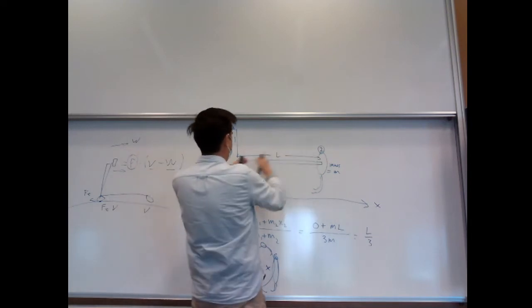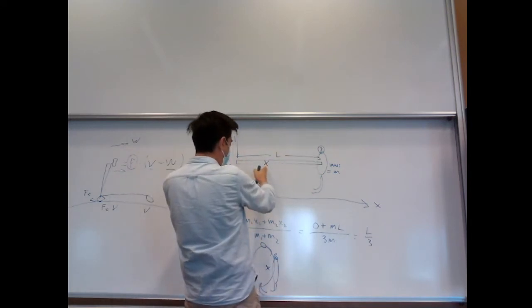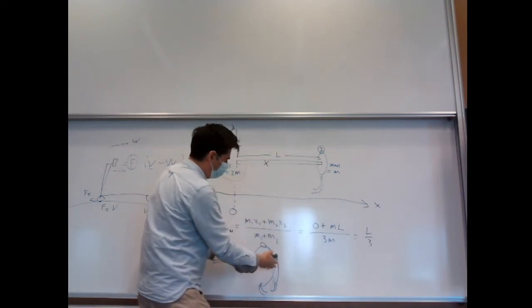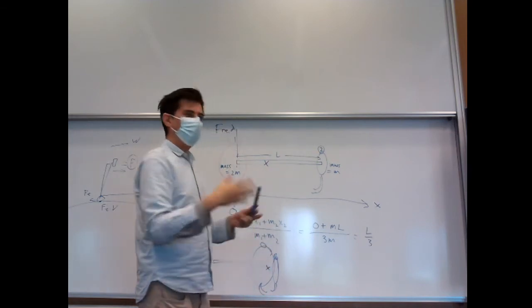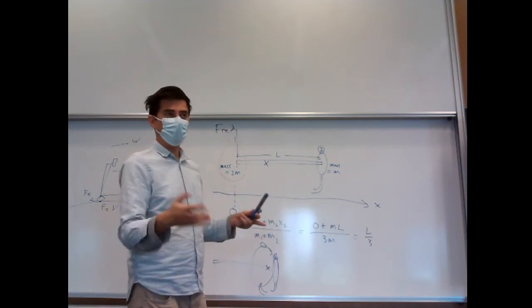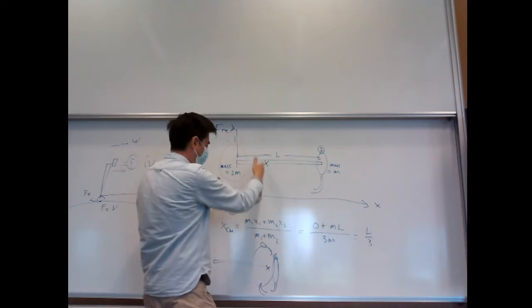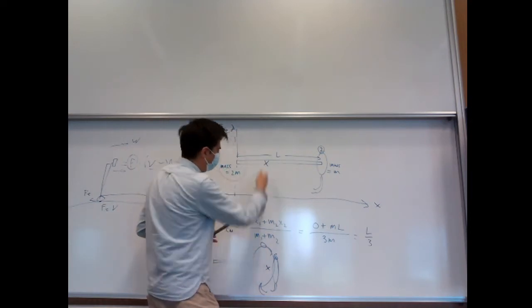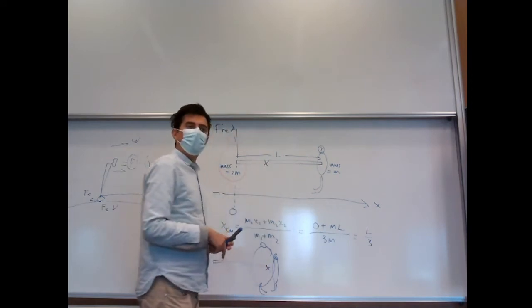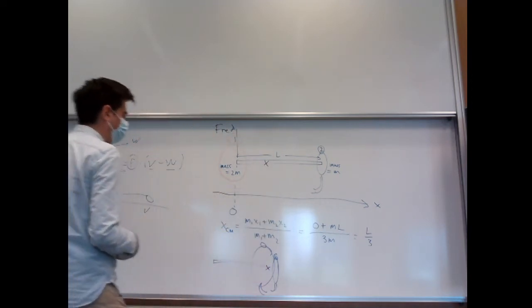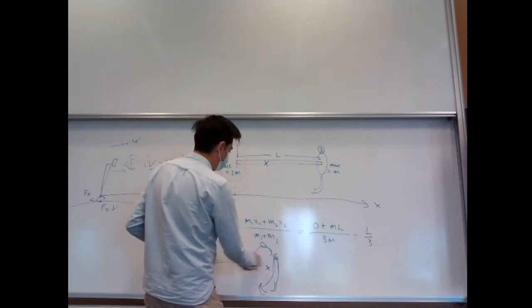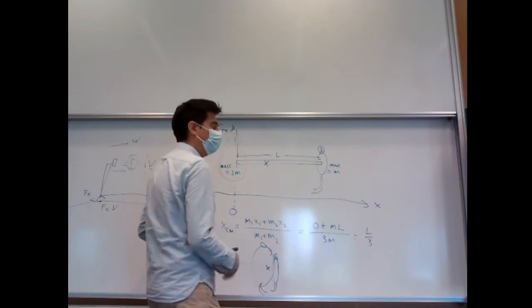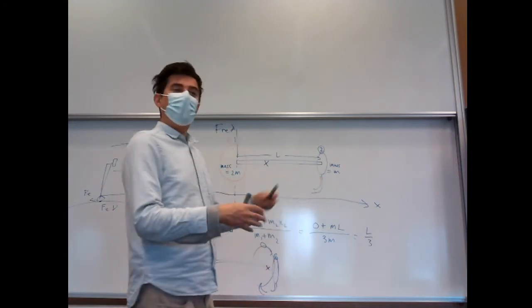We know the center of mass is here at L/3, and because the total external force is 0, we know that the final center of mass must also be there too. So the only way for this to happen is if they end up at L/3, where the center of mass is.